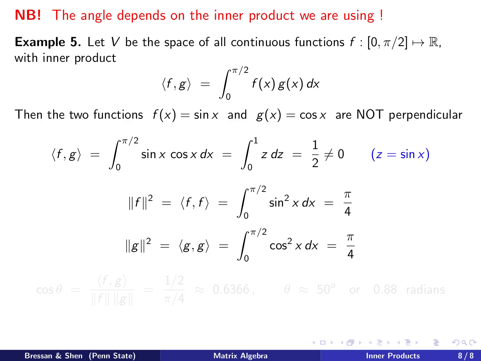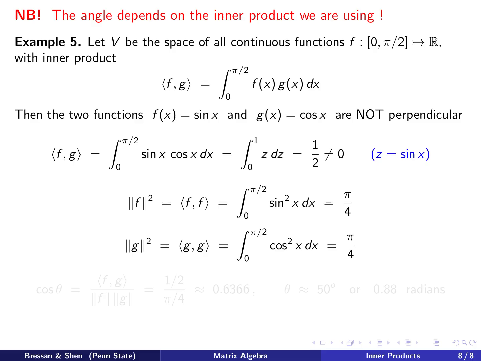Well, we can easily verify whether they're perpendicular or not by computing the inner product. So the inner product now is the integral from 0 to pi over 2 of sine x times cosine x.